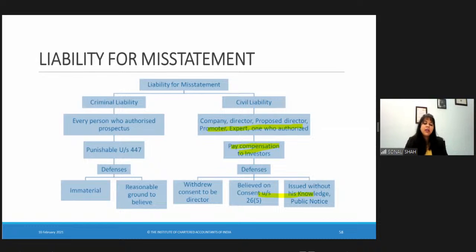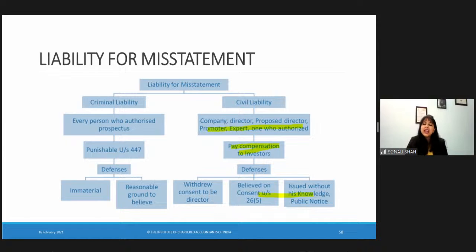Tejas is asking me, ma'am, what is the difference between civil liability and criminal liability? So you need to understand, wherever there is civil liability, it is only a fine that is involved. A civil liability is compensated with money. So a person has suffered damages, loss of money, and that loss is compensated with money.